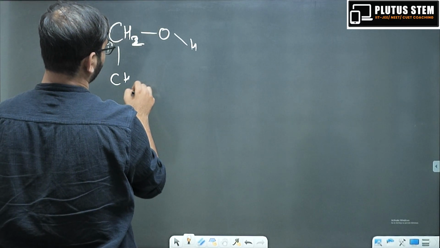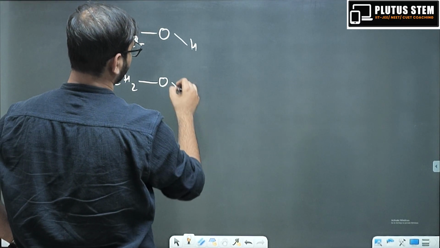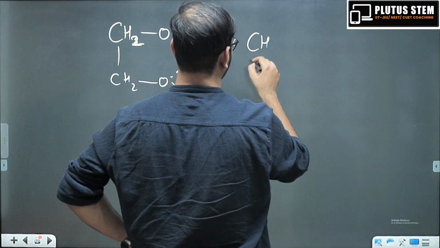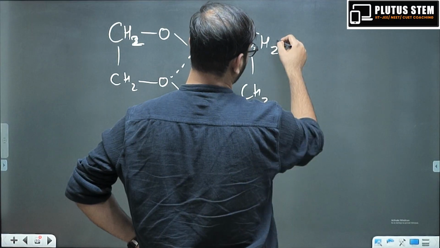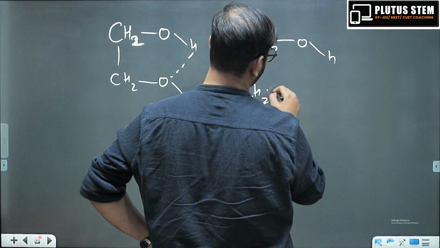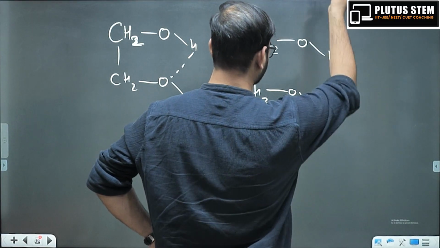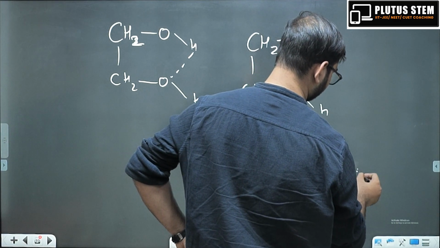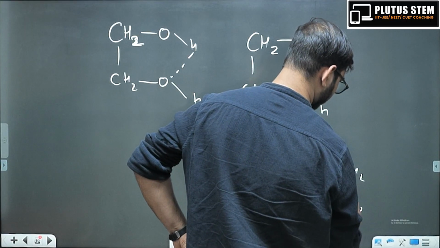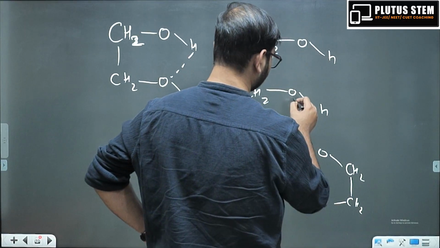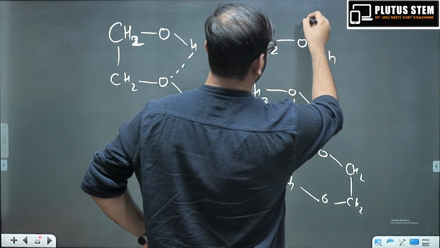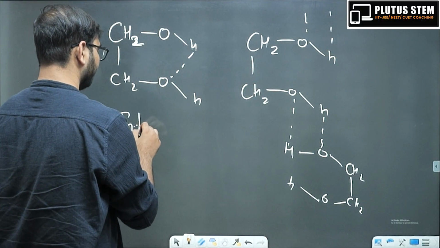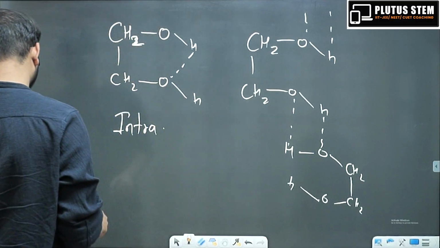So if I'm taking a molecule, let's say ethylene glycol, CH2OH CH2OH, which can take part in intermolecular hydrogen bonding and intramolecular. Here it is taking part in intermolecular hydrogen bonding. Here it is taking part in intramolecular hydrogen bonding.